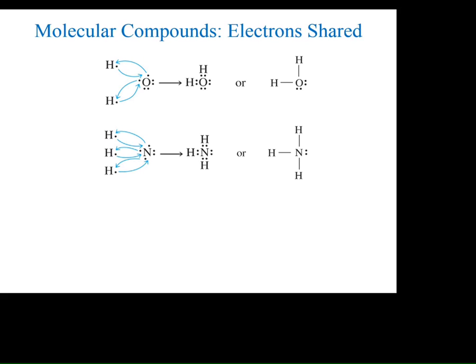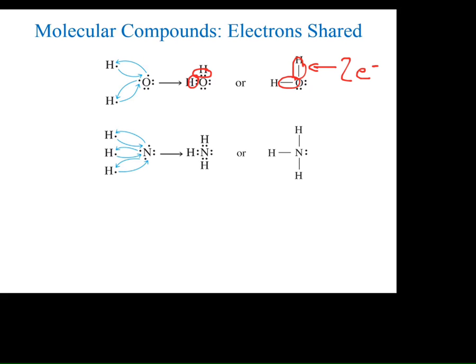Now you notice what we'll do is we will take these bonding pairs right here, and normally the way we'll write them instead is as a little line like this, what's called a bond. So the bonding pairs are normally written as lines. So whenever you see a little bond like this, a line, that means there's 2 electrons being shared.